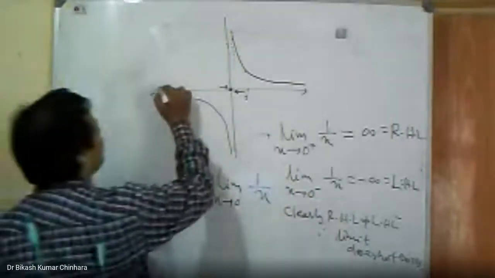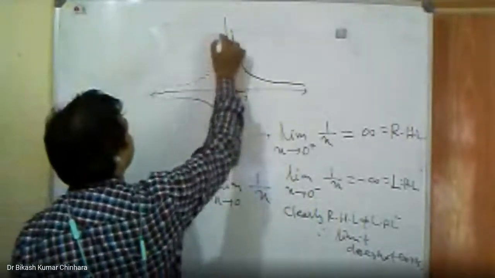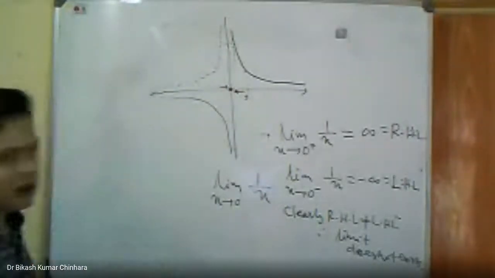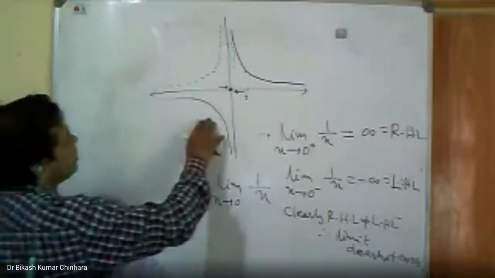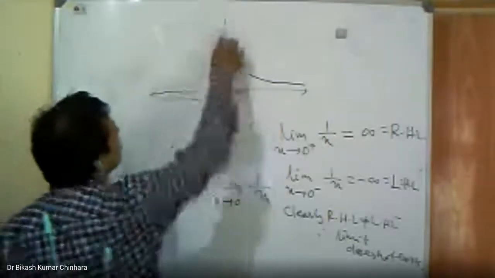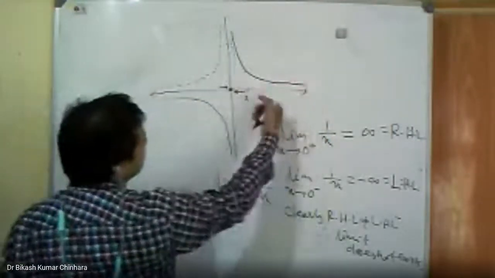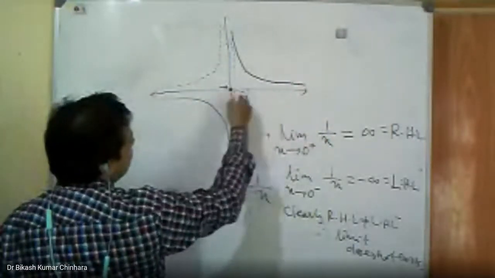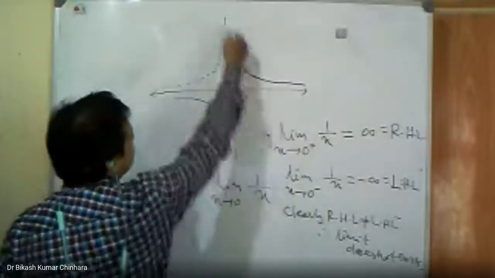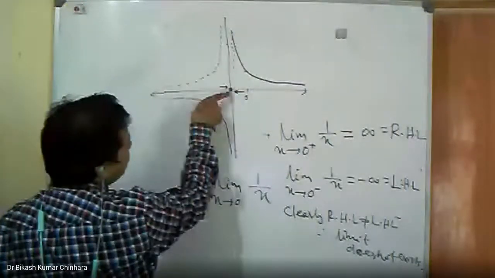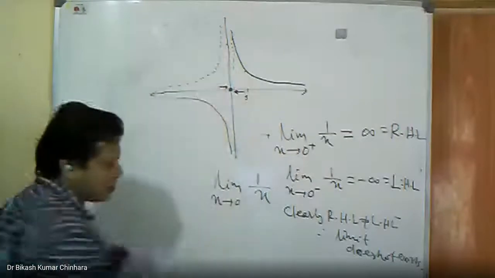If I have this type of graph, will the limit exist or not? Instead, if I have a graph like this, then you can see that whenever you approach from this side, its value is infinite, and whenever you approach from this side, its value is also infinite.